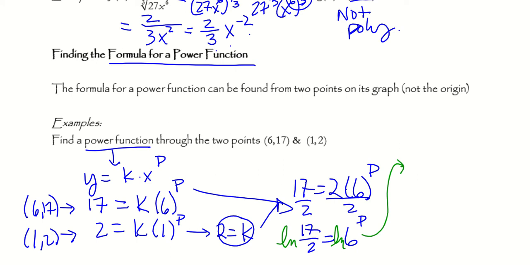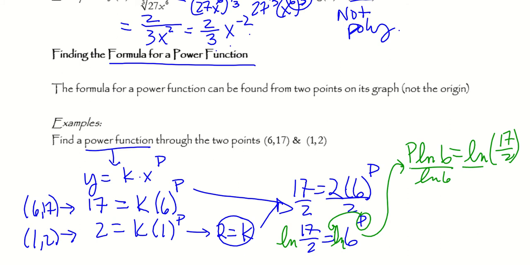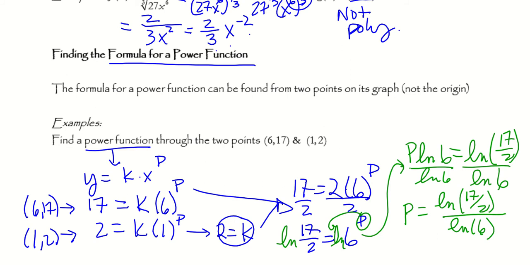That gives me, bringing the exponent in front of the log, p times the ln of 6 equals the ln of 17 over 2. Dividing both sides by the ln of 6, I get that my p is equal to the ln of 17 over 2 divided by the ln of 6. That's my exact answer for p.